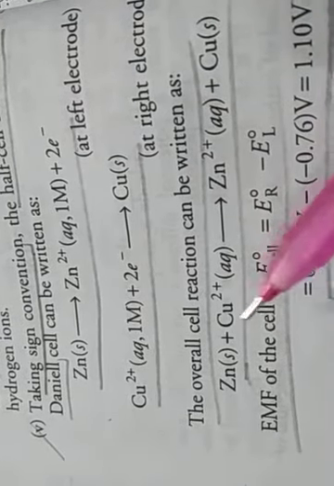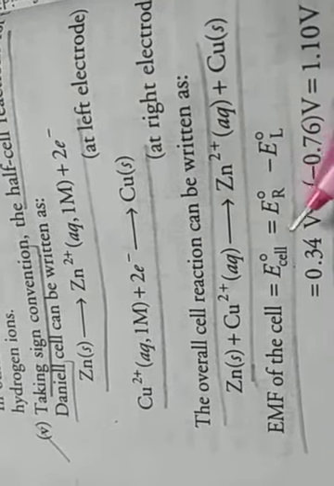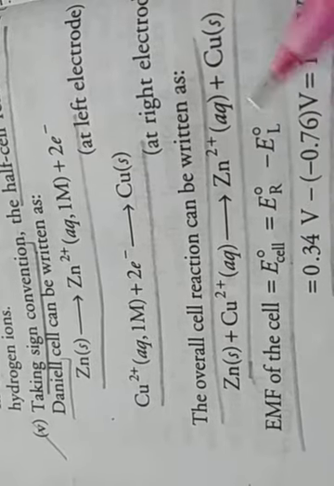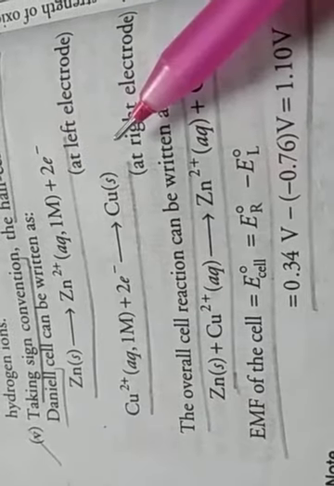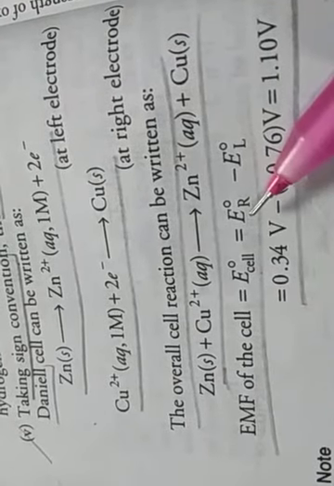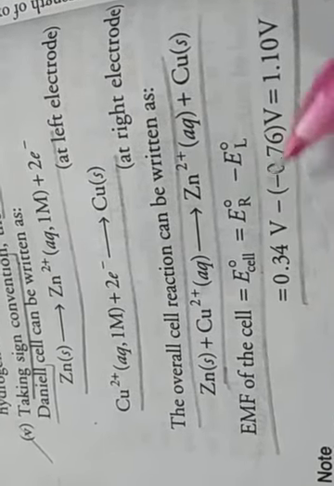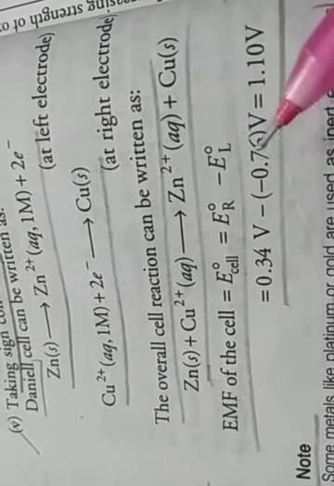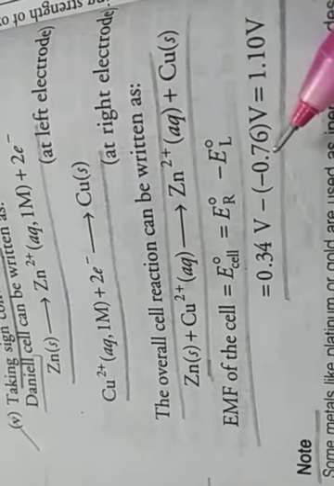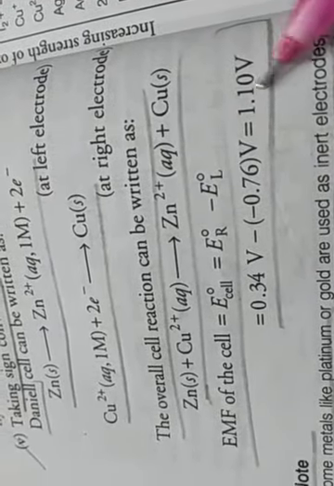And the EMF of the cell, E naught cell, is equal to E naught right hand side minus E naught left hand side. The right hand side is the copper electrode with potential 0.34 volt, minus the left hand side zinc electrode with potential minus 0.76 volt. So minus minus is plus, and it calculates to 1.10 volt.